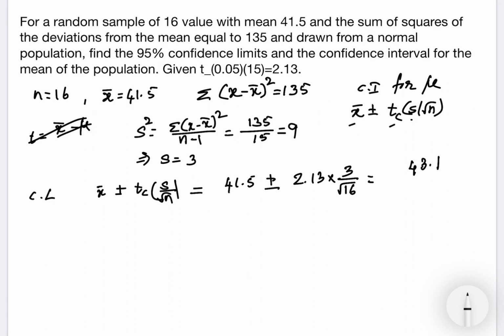So if I am using the plus and if I am using the minus here, it is giving me 39.9.